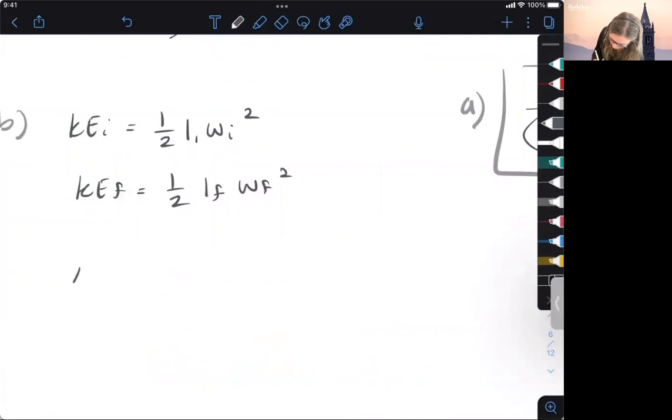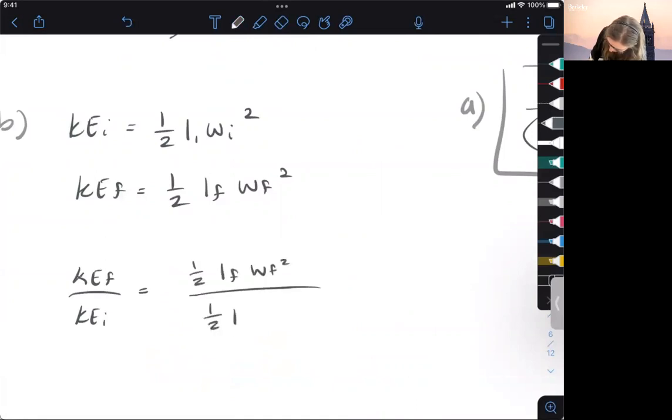Okay, so we're trying to find the ratio, KEf over KEi. So 1/2 If Wf squared divided by 1/2 I1 Wi squared. And if we plug in what we have for those terms, we can simplify things a little bit.